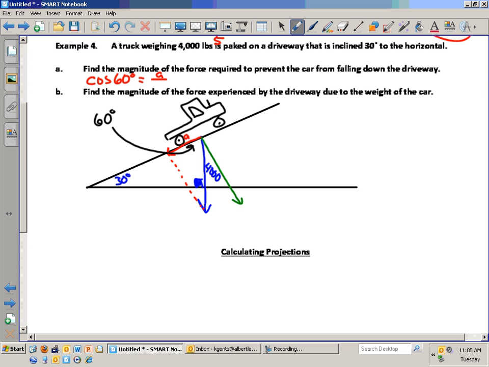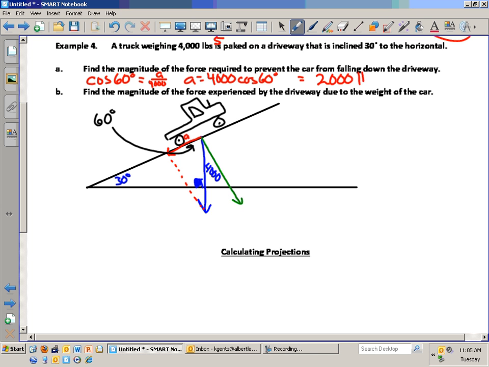And the hypotenuse would be the magnitude of the vector, which is 4,000. Would you agree? Solve for that. A is equal to 4,000 times the cosine of 60 degrees. Anybody know what the cosine of 60 degrees is? 0.5, 1/2.